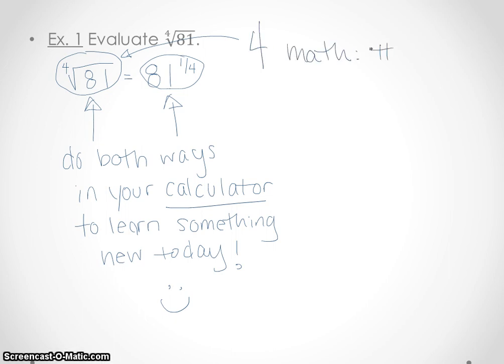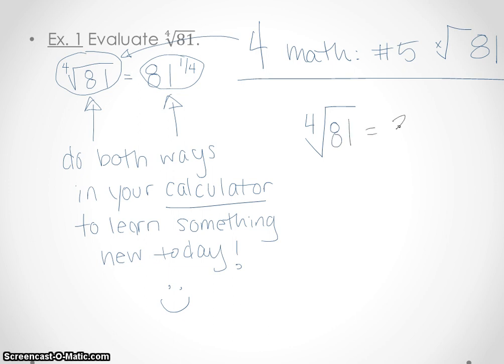And then number 5, which looks like this, a little x with the square root symbol, and then you put in 81. Okay, so that's how that step works. You already know how to do it this way, so I'm not going to bother writing that down. So at any rate, we could say fourth root of 81 is 3, because that's our answer.